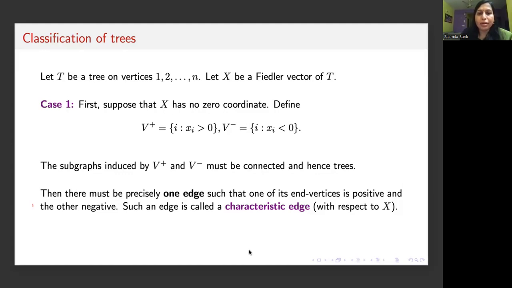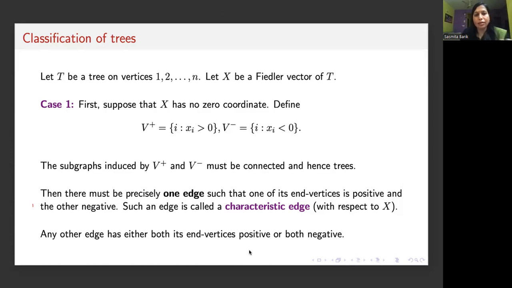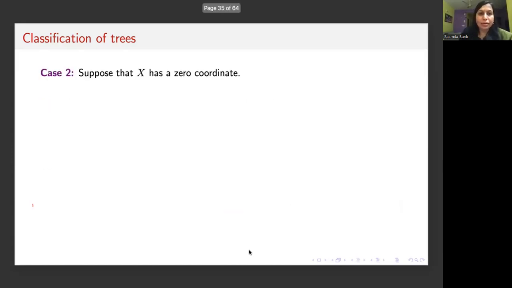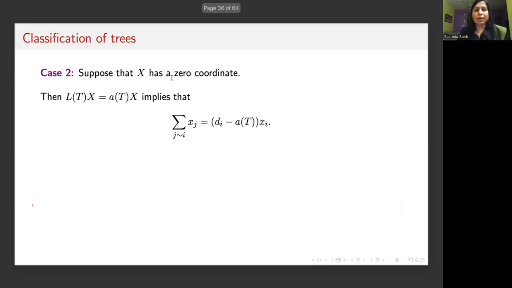But it may happen that for some tree, the Fiedler vector has a zero coordinate. Let's say X has a zero coordinate. In that case, look at the characteristic equation, L X equals a X, where a is the algebraic connectivity.